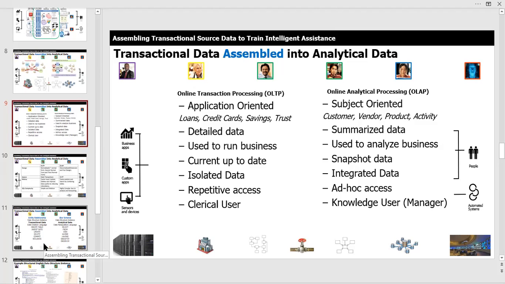Whereas online analytical processing is more subject-oriented: customer, vendor, product activity. It's summarized data, and it's used to analyze your business. And rather than being current, it's more like a snapshot of, hey, where are we at this moment in time? As opposed to being isolated, it's integrated, hence the star schema.